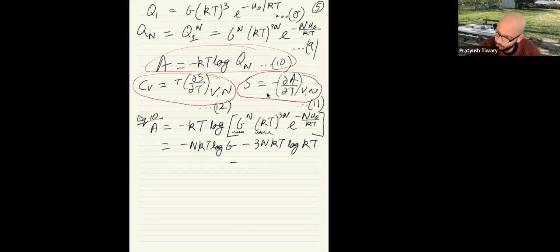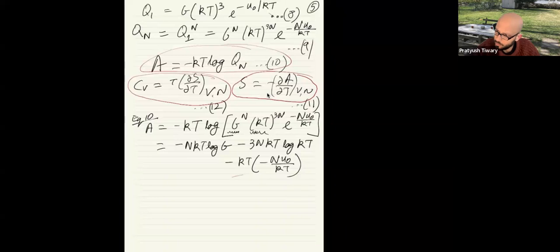So that becomes minus KT multiplied by minus n u naught by KT. So in equation 11, we have to differentiate this thing with respect to temperature. This term does not depend on temperature, right? KT and KT cancel out.